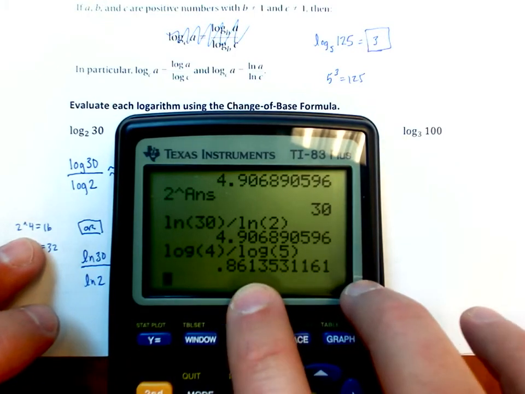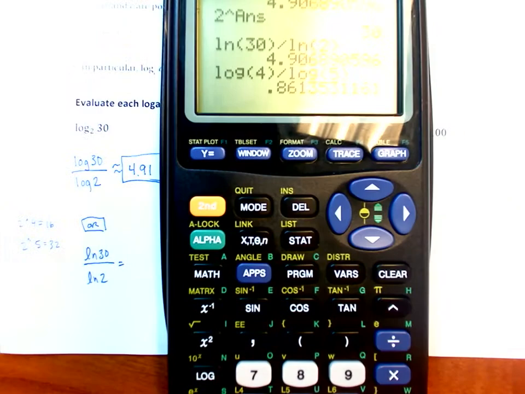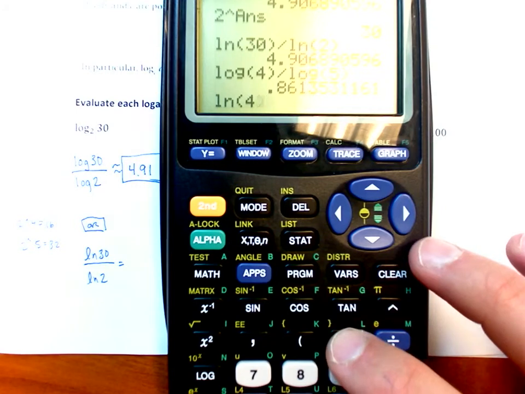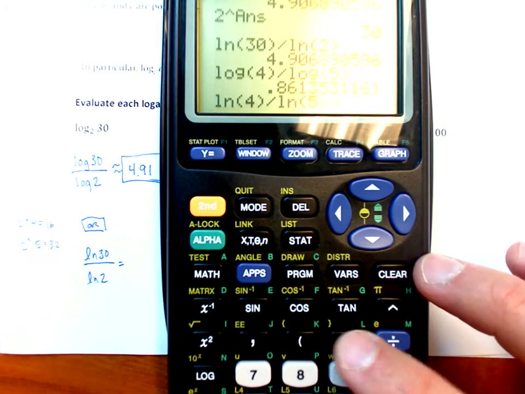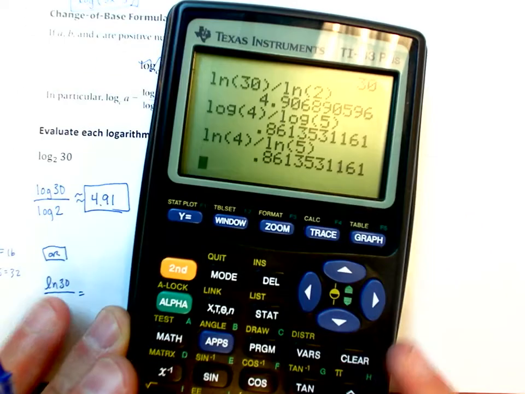Because that's a 1 there, I can keep this as a 6, I don't have to round up. So it's about 0.86. Notice that I could have also done, one more time to prove it, natural log of 4 divided by natural log of 5, ending the parentheses both times, and I once again get 0.86, right?